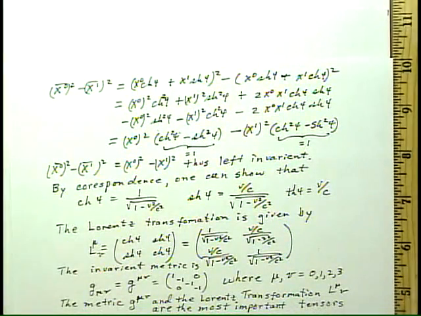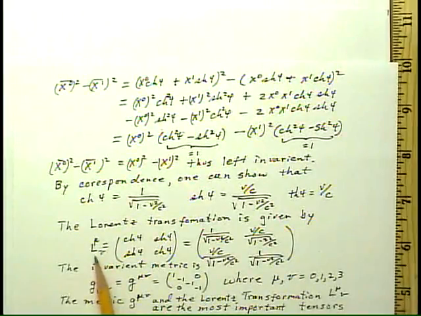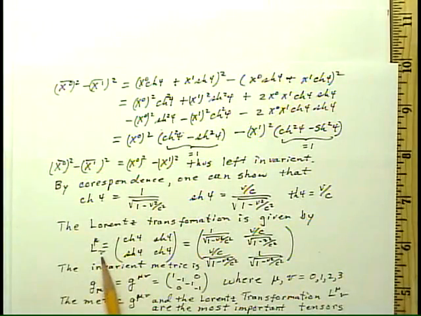Consequently, our Lorentz transformation can be put in the form L mu nu, and you'll notice here that, for reasons that will become apparent later, we have one upper and one lower index. The lower index is moved slightly to the right of the other one.